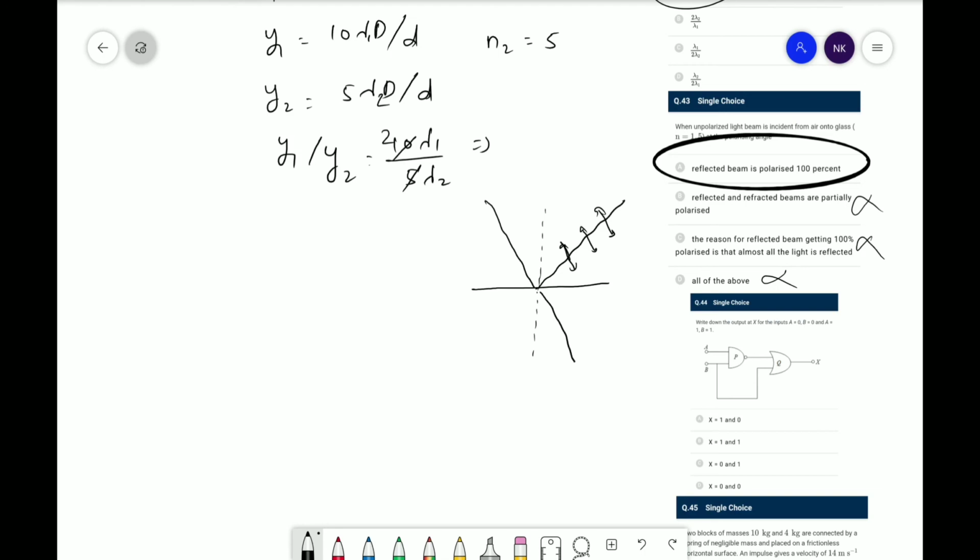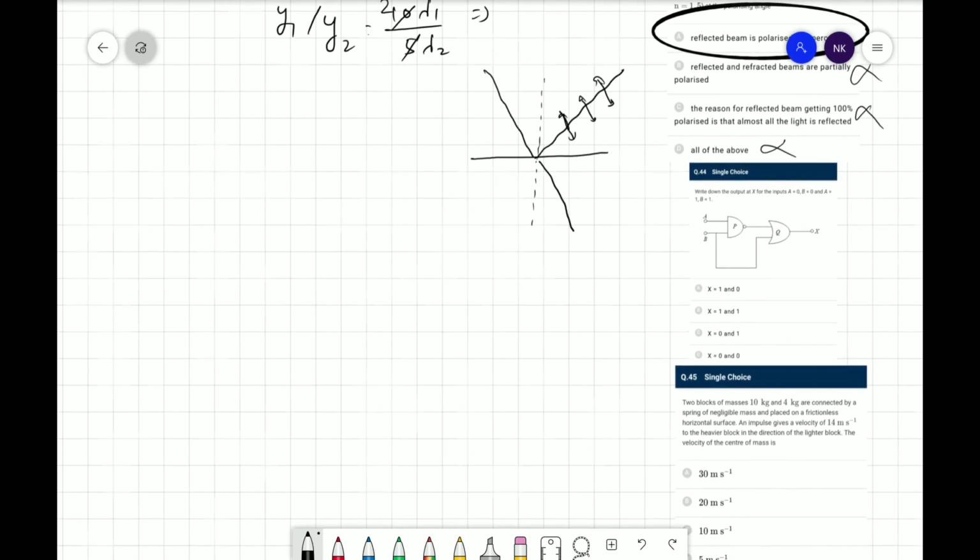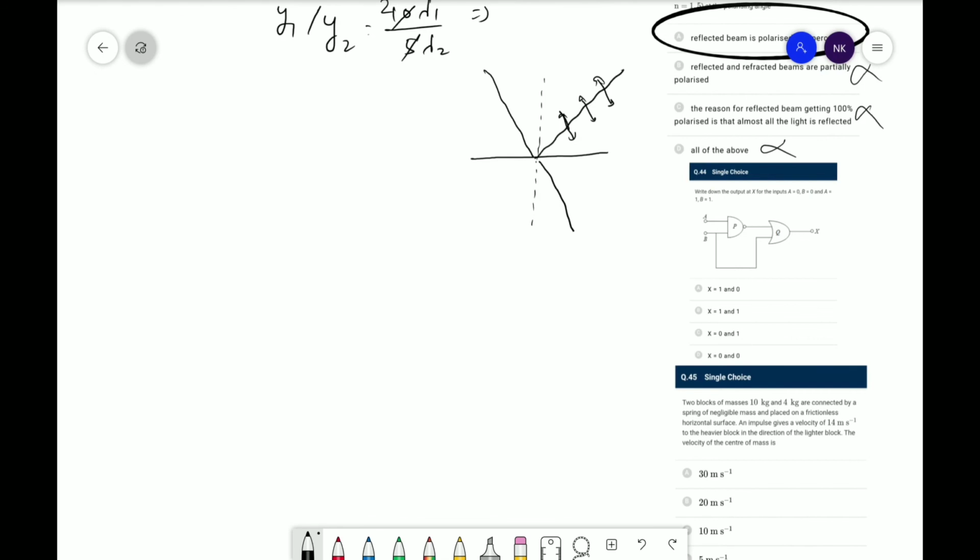Now moving towards the next question. Here we have the next question. Write down the output at X for the input A is equal to 0, B is equal to 0 and A is equal to 1, B is equal to 1.